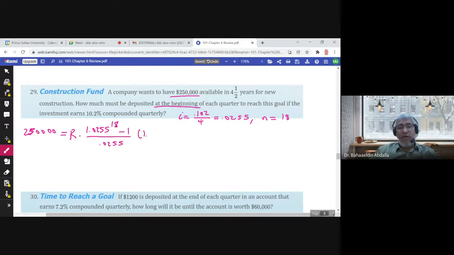So we multiply by 1.0255. And we divide 250,000 by all of this number to get R. And we will find that if you put it in the calculator, R is 10,841.24.